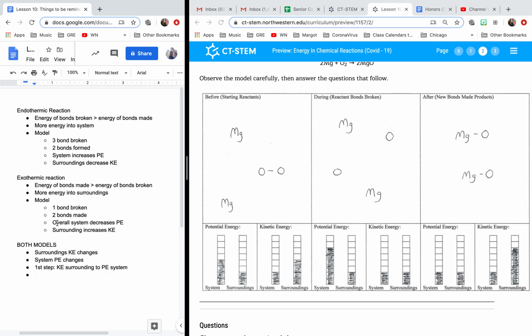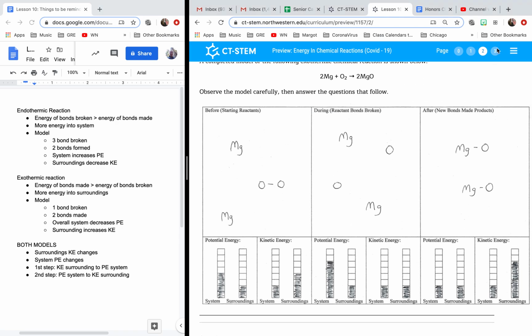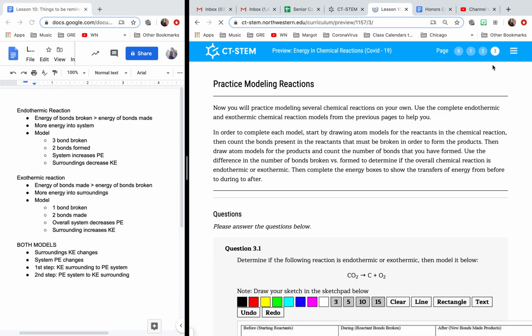And also in each one, for the second step, we have potential energy of the system going to kinetic energy of the surroundings. So we have that same pattern happening in each of these with the energy, which I think is the harder part to sketch out as you're moving on to page 3.